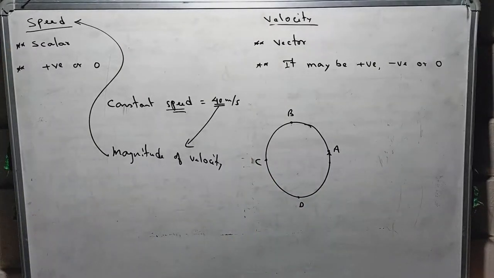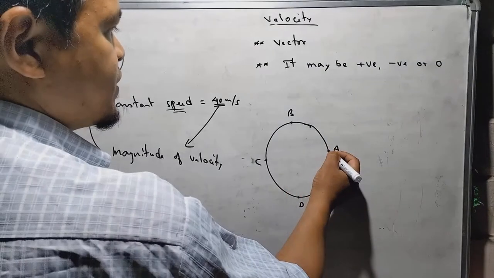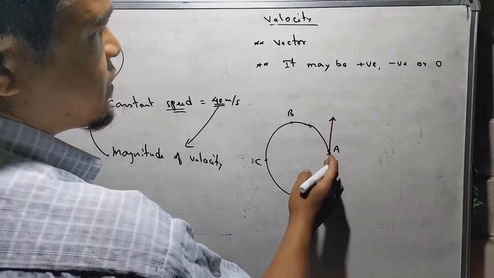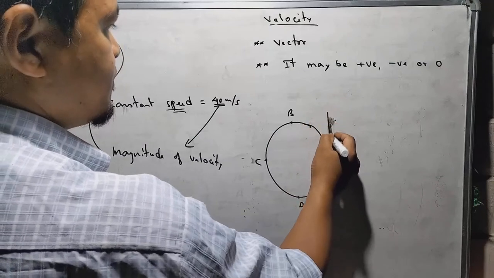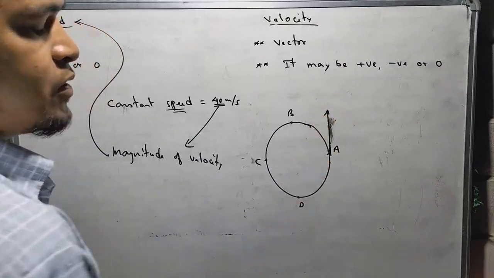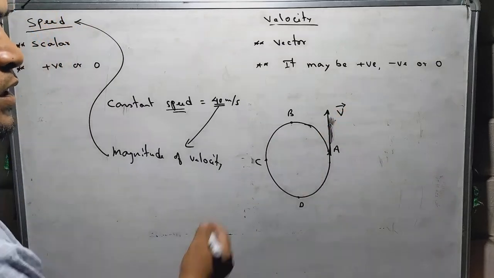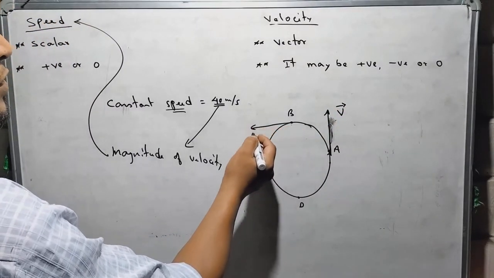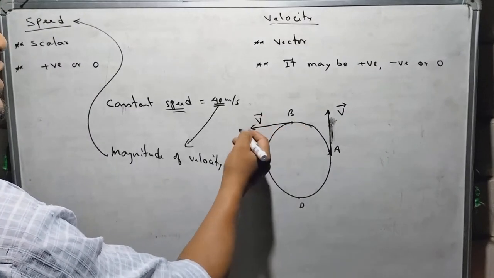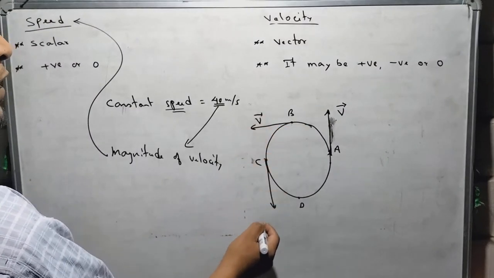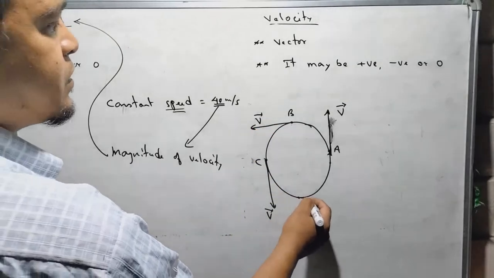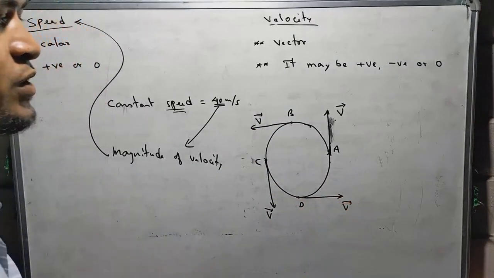But in which direction is the car moving at these different points? The direction of an object at different points on the circle is the tangent to the point. This is a tangent to this point. The tangent gives the direction of velocity, so the direction of velocity is in this way, here it is like this, and this is the direction of velocity.